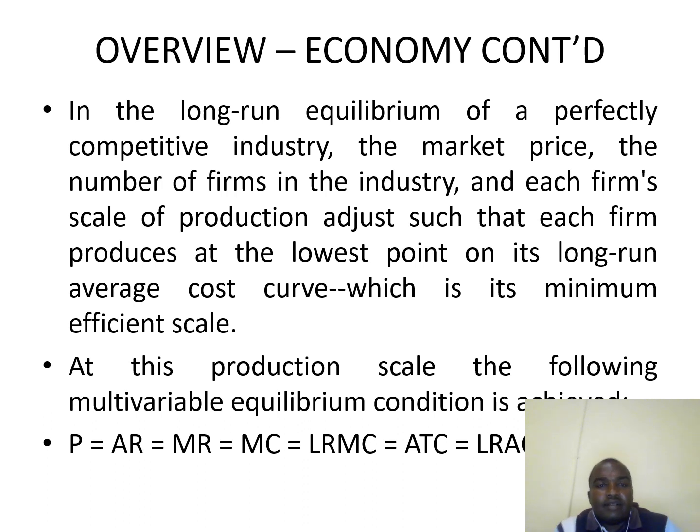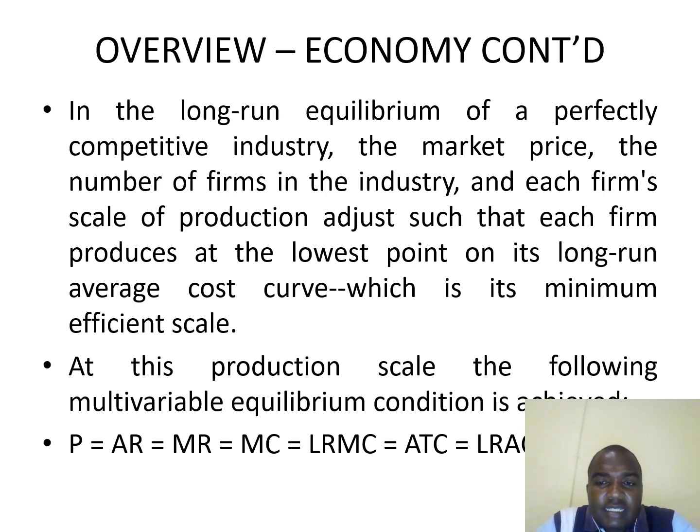In the long run equilibrium of a perfectly competitive industry, the market price, the number of firms in the industry, and each firm's scale of production adjust to such an extent that each firm produces at the lowest point on its long run average total cost, which is its minimum point, which represents minimum efficient scale.